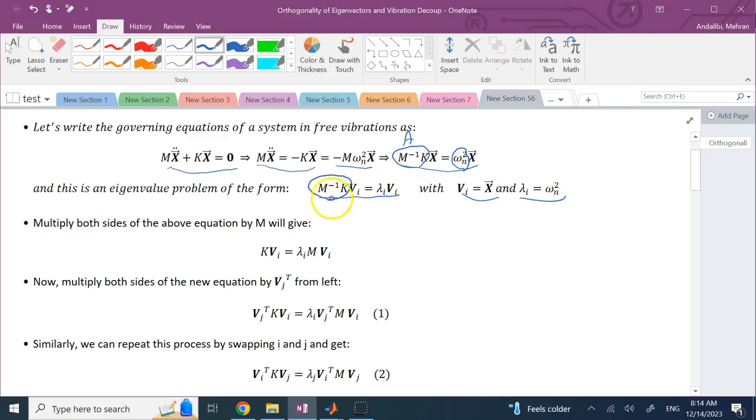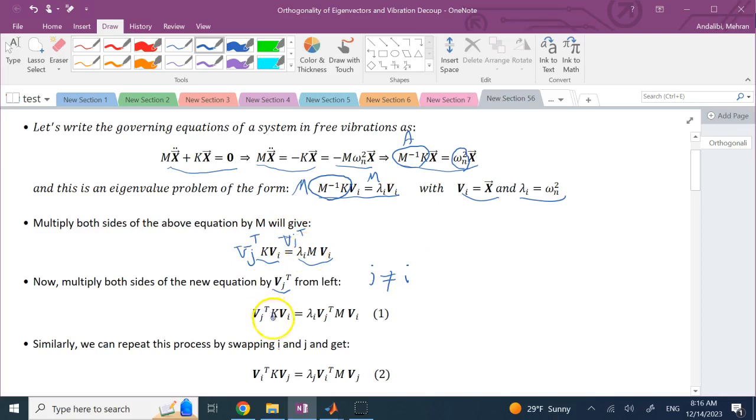So this equation, if you multiply both sides of it by M, M and M inverse would cancel, so you get K V on one side and lambda M V on the other side. Then you pre-multiply both sides of this by V j transpose, not V i transpose, but another eigenvector, V j transpose, where j is of course not equal to i.